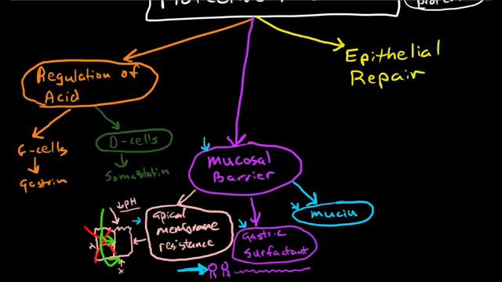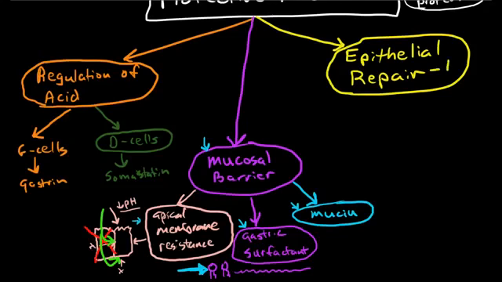And people have actually done studies in rats where they have completely denuded the gastric mucosa of the entire top layer of the columnar epithelium. So the gastric mucosa was completely stripped of all epithelial cells, and they noticed that the epithelial cells actually migrated back to the surface and repaired themselves within 1 hour.